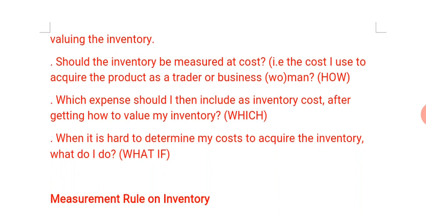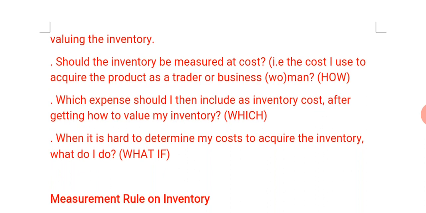which expense, if I'm recording it as a cost, which of the expenses I have incurred on that product should I use? Now, you could see that there are so many expenses you could have when you want to buy a product. I'll give you an example of buying a shirt to sell. If you want to get a shirt to sell, you'd have to obviously go to the market.